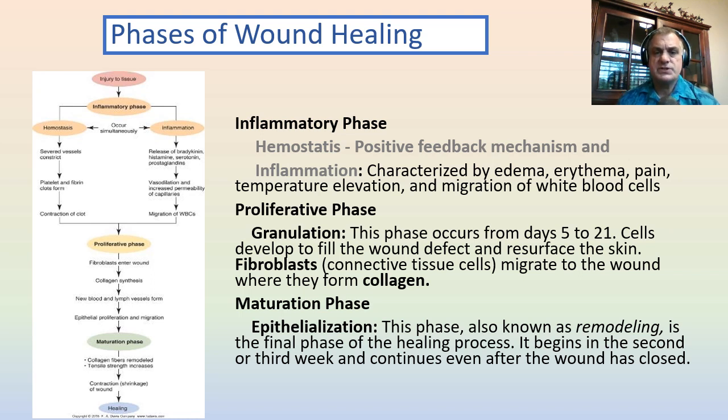Because of injury to the skin, we get automatic positive feedback mechanisms to maintain hemostasis, and that is the vessels are clotted off, and we also get the immune response. Cells within the blood and within the skin immediately start to impact that area, and so we get the inflammatory process related to that.